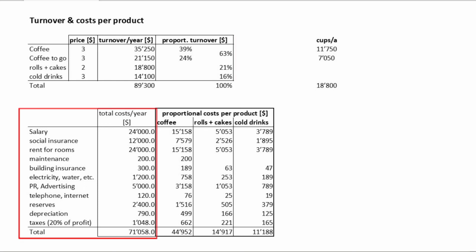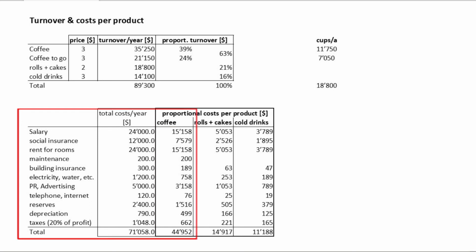Next, I listed all my fixed costs, again from the profit and loss statement. And these total costs per year, I now calculate with the proportional percentage. So 24,000 with 63%, I have 15,158.